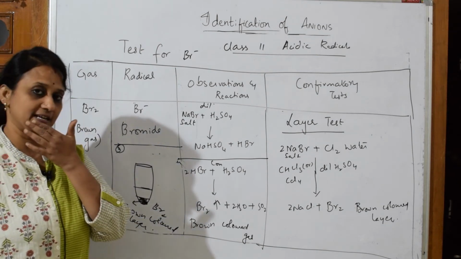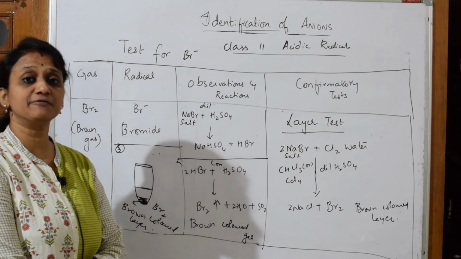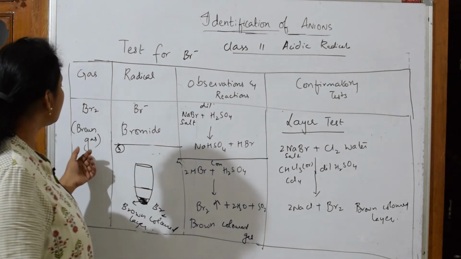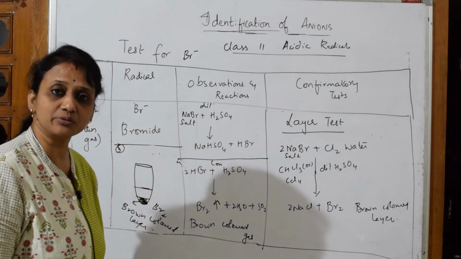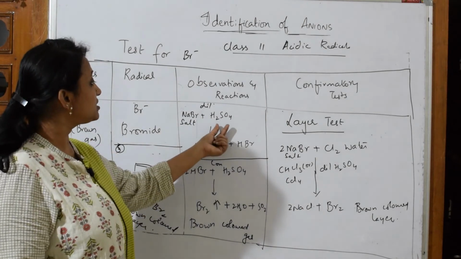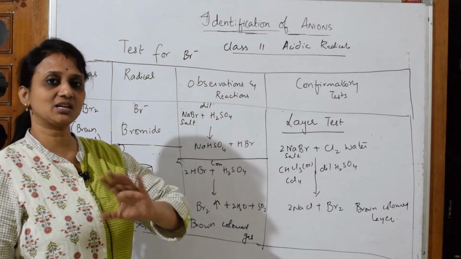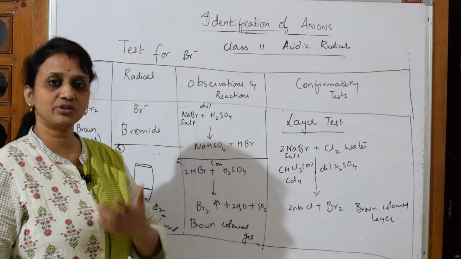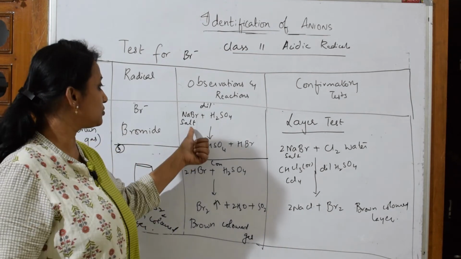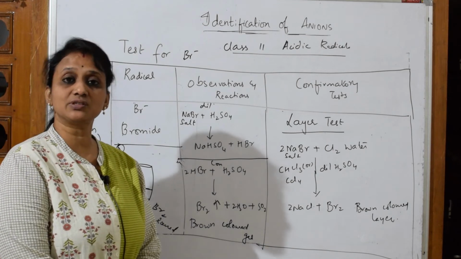Let us recollect once again. Suppose you observe the formation of brown gas from your test tube when you add concentrated sulfuric acid. So you can just start off with that. First step is, you take the test tube, add salt to this, and test with dilute sulfuric acid.